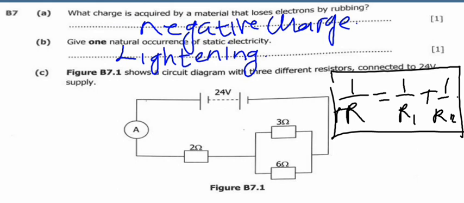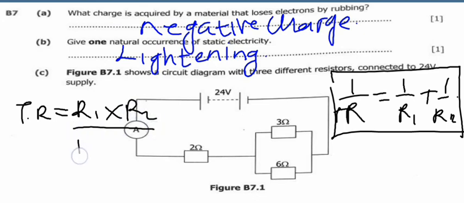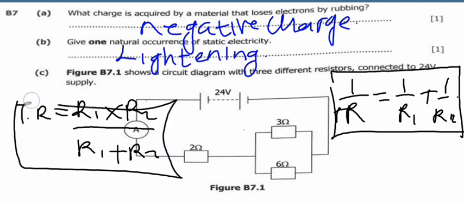If you have 2 resistors, you can either use this one here or you use this one, where you say the total resistance is equal to R1 multiplied by R2 divided by R1 plus R2. So this one is only applicable when you have 2 resistors connected in parallel. If you have 3 resistors, this one is not applicable. It is only applicable when you have 2 resistors connected in parallel like these two. So we can just use this one here.